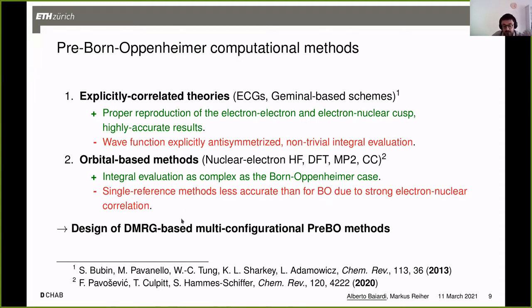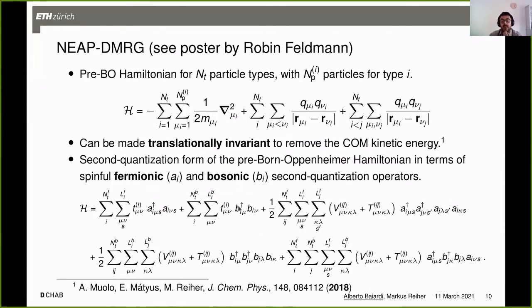And so with the DMRG, we thought that this could kind of fill the gap between those two extremes and provide a way to calculate accurate vibrational properties beyond the Born-Oppenheimer approximation for decently large molecules. All in all, the problem is not much different than the electronic structure one.